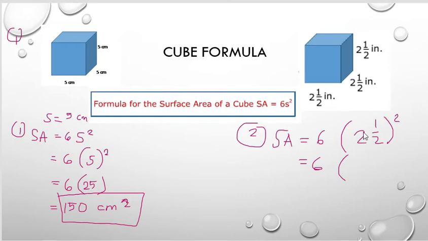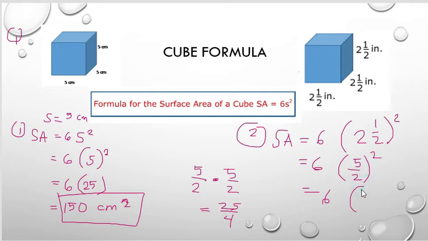And then this fraction could be written as 5/2, right? Because 2 times 2 is 4 plus 1 is 5. Then square it. Square first 5 over 2. So 5 over 2 times 5 over 2 is equal to 25 over 4. So you have 6 times 25 over 4.